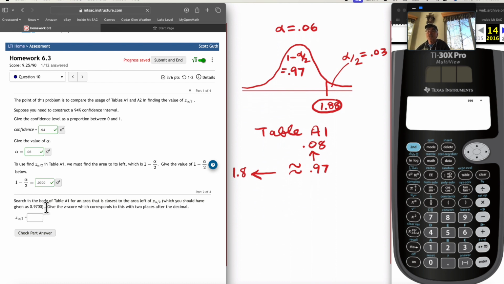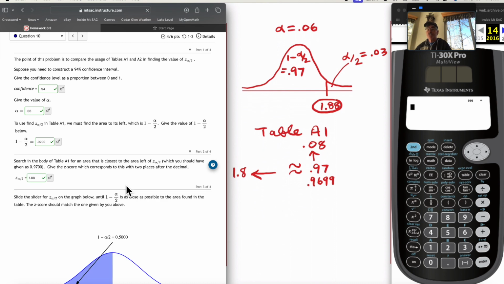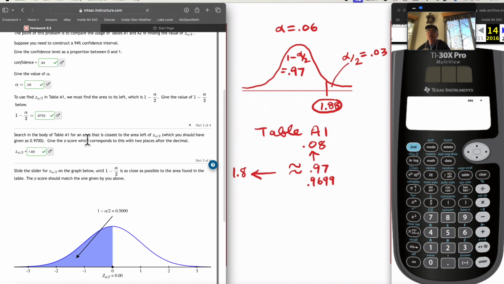And then we're searching the body of table A1 for the area close to 0.97. And what we saw was a 0.9699 in the table. And when we found that, it was associated with a z-score of 1.88. Like that.